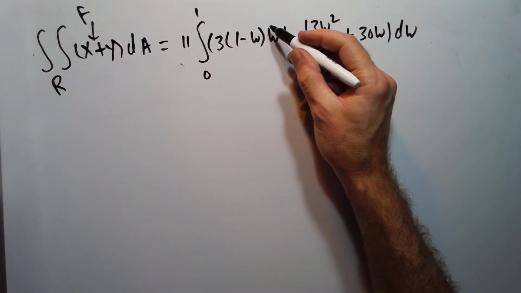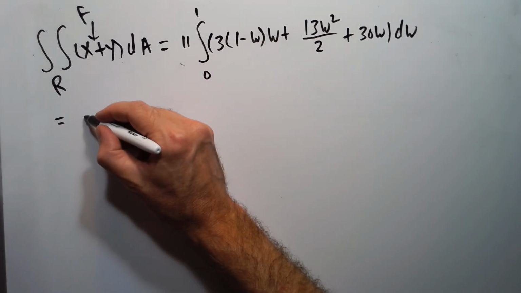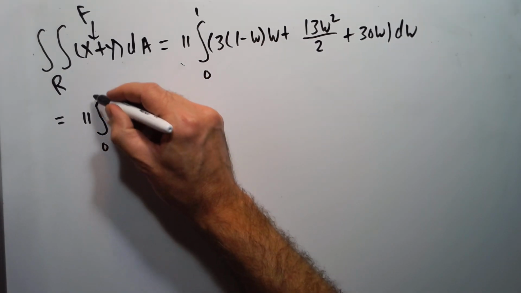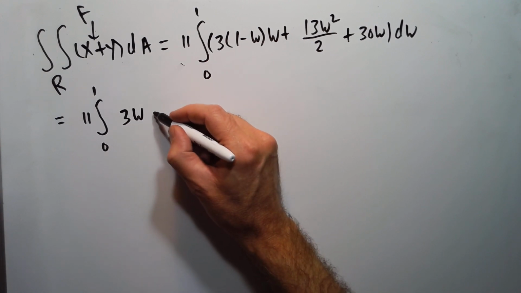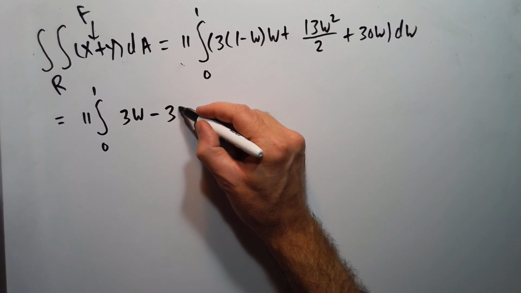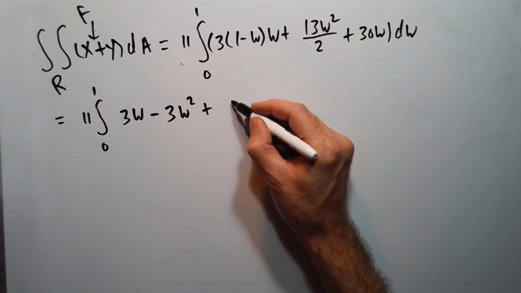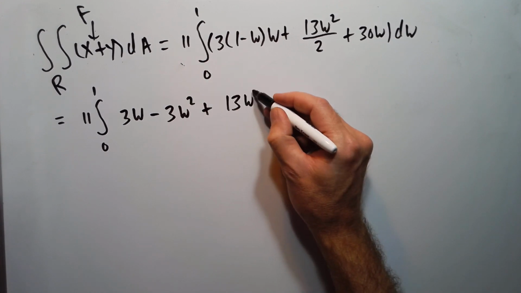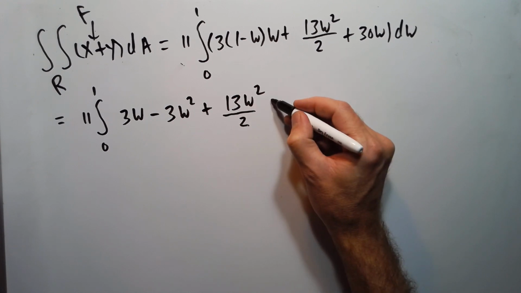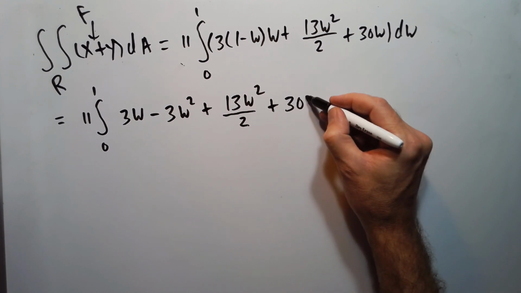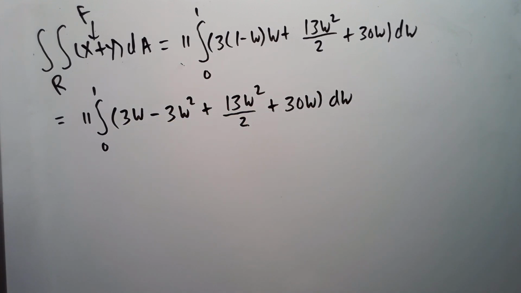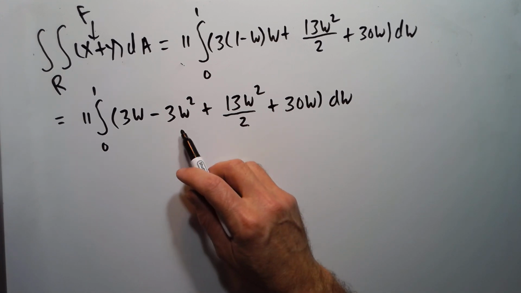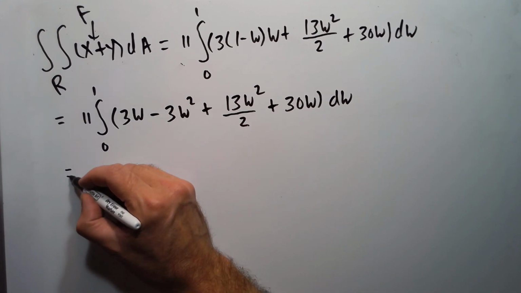Let's multiply this w in here, so it'll be 11, 0 to 1. So it'll be 3w minus 3w squared plus 13w squared over 2 plus 30w dw. Okay, so we can combine these two before integrating.